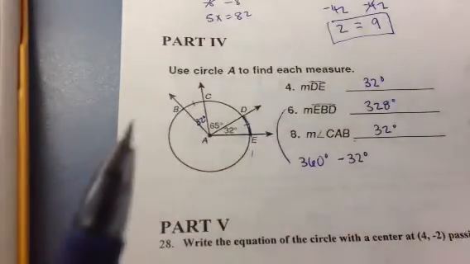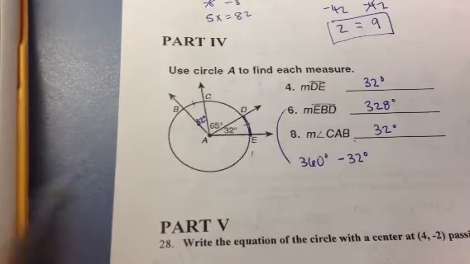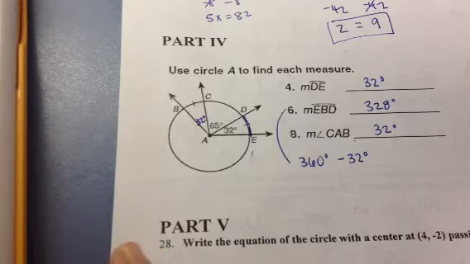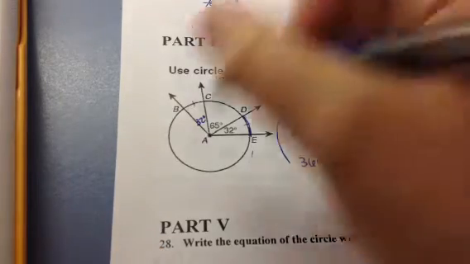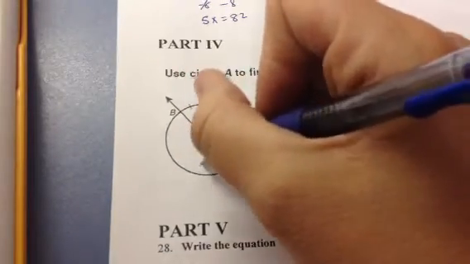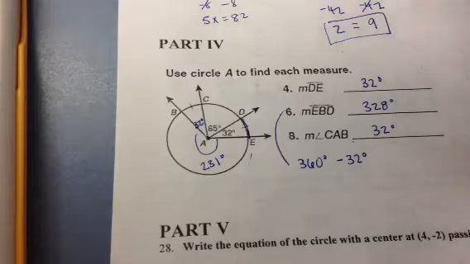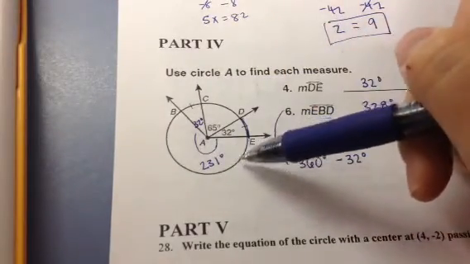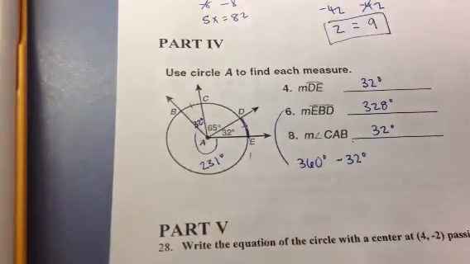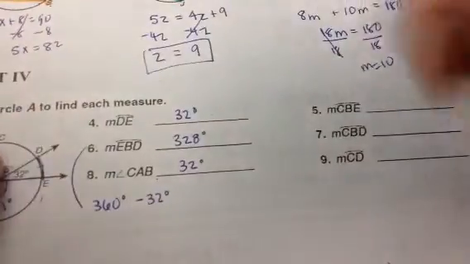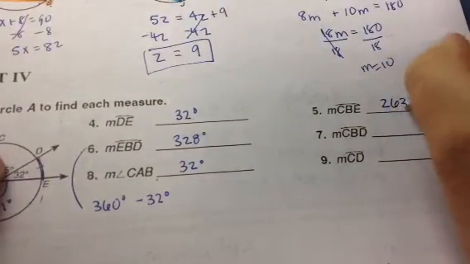I kind of like to label everything in my picture. So I might subtract 2 32s and a 65 from 360 to figure out that this has to be 231 degrees. So now when I find the measure of CBE, I can just add 231 and 32 and I get 263 degrees.